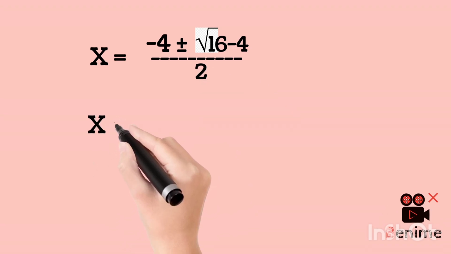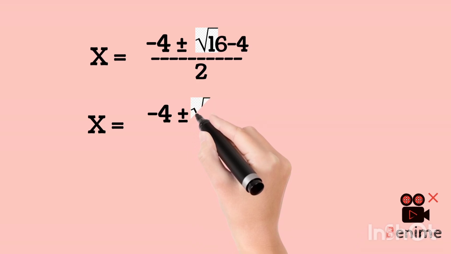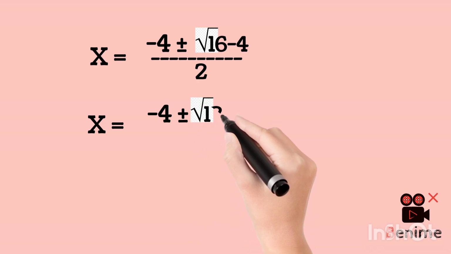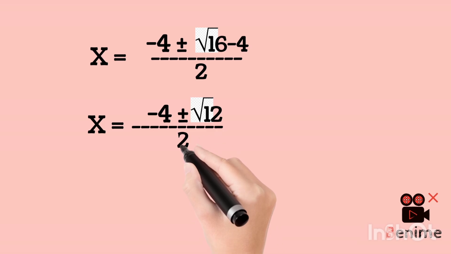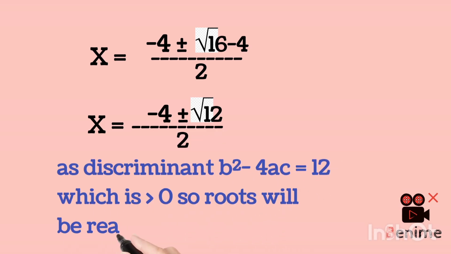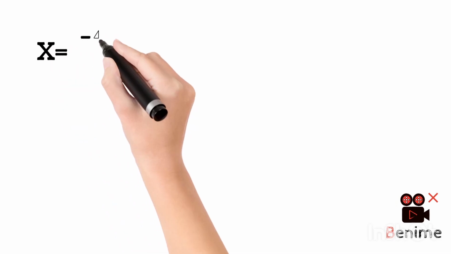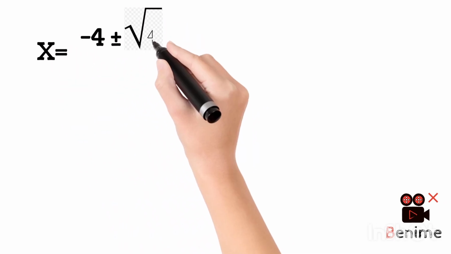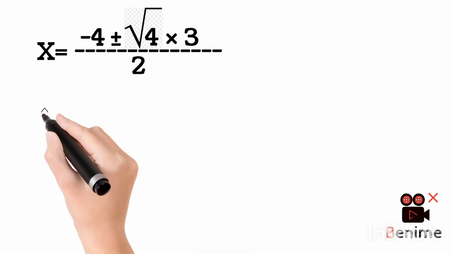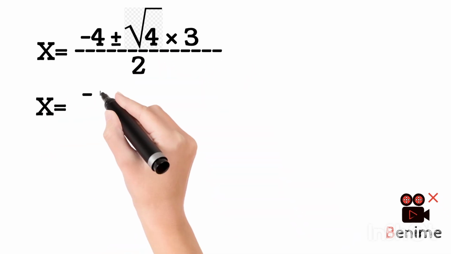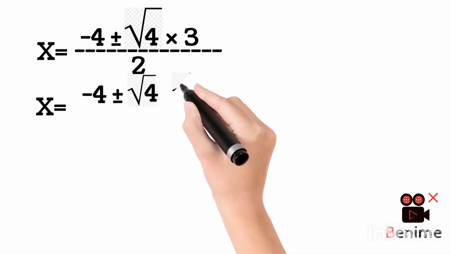So let's solve it. x = (-4 ± √12) / 2, which is (-4 ± √(4 × 3)) / 2, and (-4 ± √4 √3) / 2.